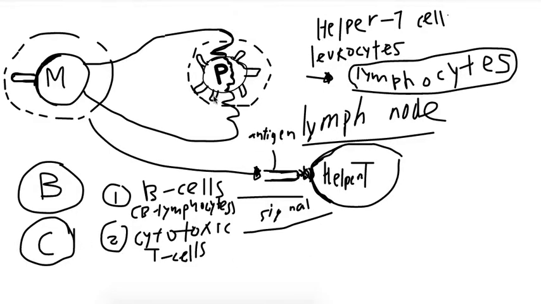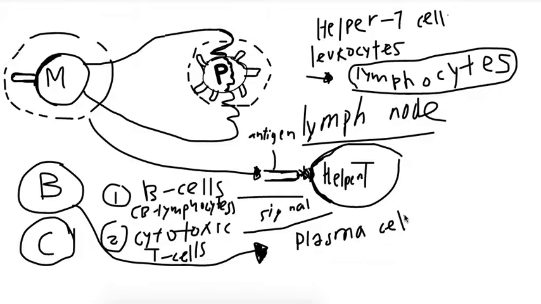What will happen is that these B cells will form plasma cells, and they will produce antibodies, specific antibodies.